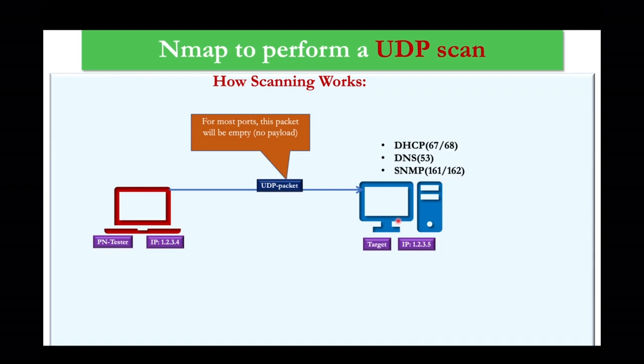So generally targets don't generate any acknowledgement packets and send them back to the pen testers. For the remaining ports, the UDP packet is empty because there is no payload in that particular case.